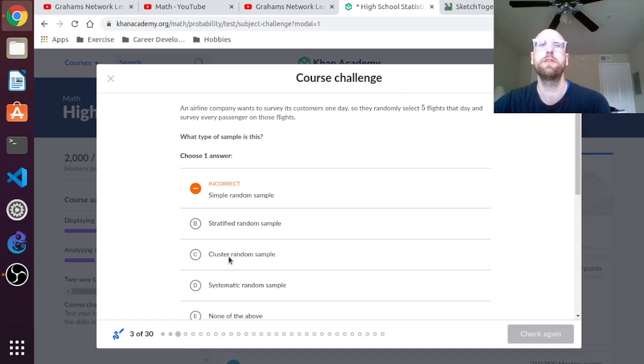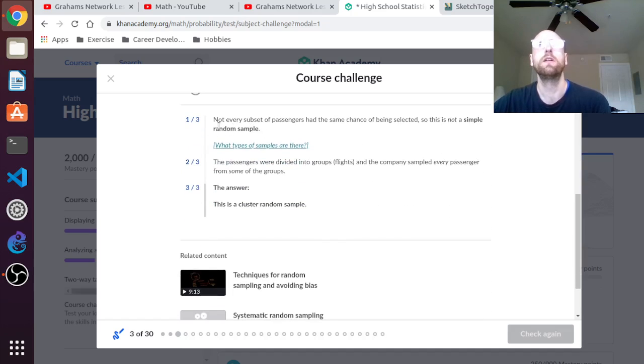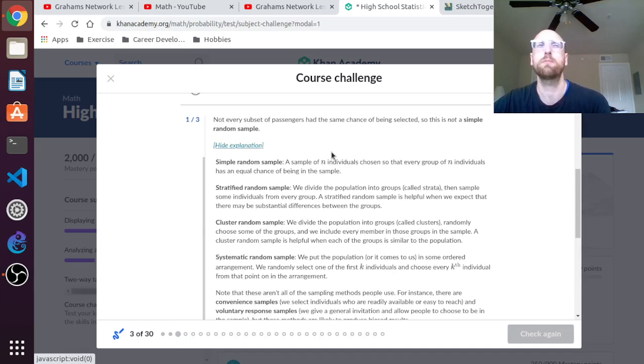Now, knowing that this is wrong, my second guess would be the cluster random sample. Not every subset of passengers had the same chance of being selected, so this is not a simple random sample. Simple random sample: a sample of n individuals chosen so that every group of n individuals has an equal chance of being in the sample.